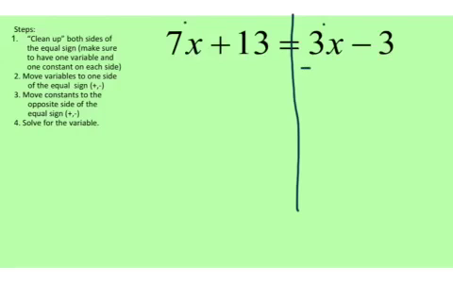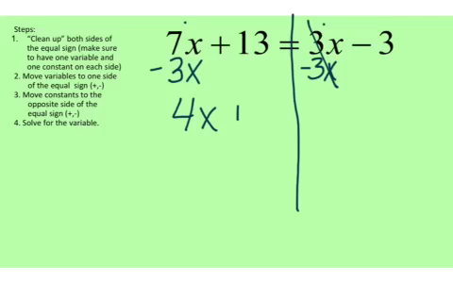So I'm going to subtract 3x from both sides. One step at a time, please. That cancels this one, and now I'm going to subtract and drop everything down. 7x minus 3x is 4x plus 13 equals negative 3. That's my second step, okay?